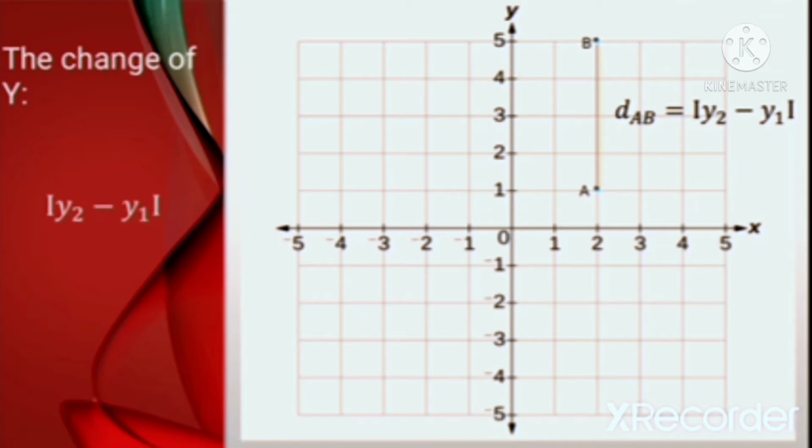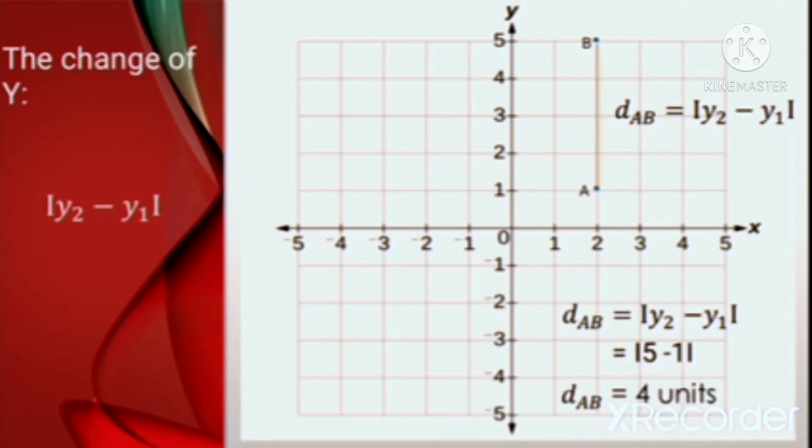Again, either way, we'll come up with the same answer. Substituting the values of y, we have the absolute value of 5 minus 1, which is the absolute value of 4, and the distance from A to B is 4 units.